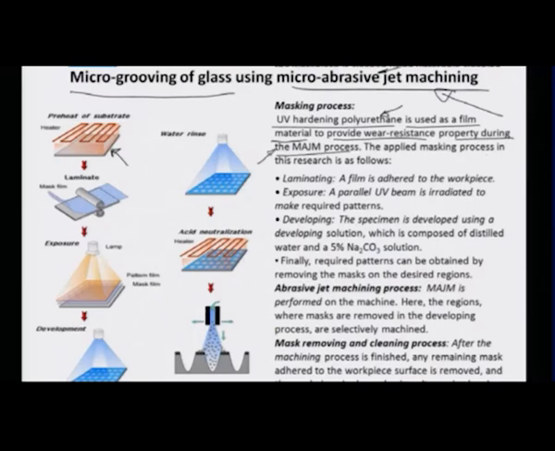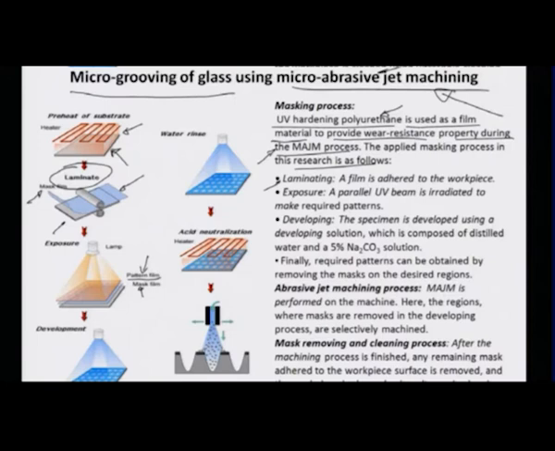The applied masking process is illustrated here. You create a small mask film and laminate the substrate, which is preheated and UV exposed hardened polyurethane, and basically expose it using a pattern film, or the mask film, which is this laminate right here.